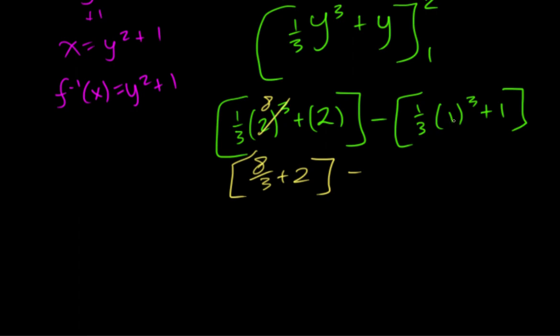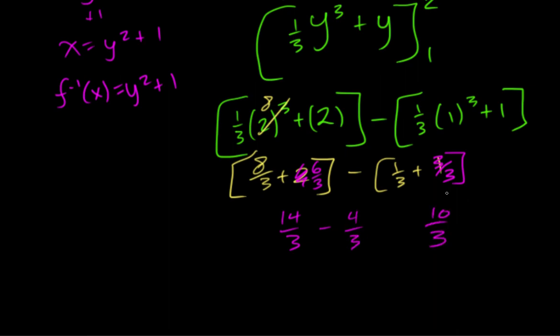This one's going to just be 1/3 plus 1. We need common denominators, so the 2 is going to be 6/3, and the 1 is going to be 3/3. So 6 plus 8 is 14, and then minus 4, so it's going to be 10/3.